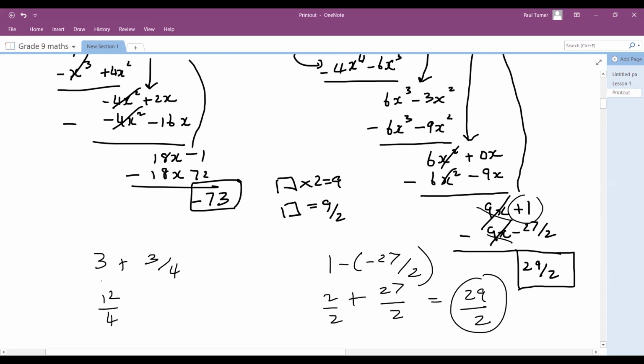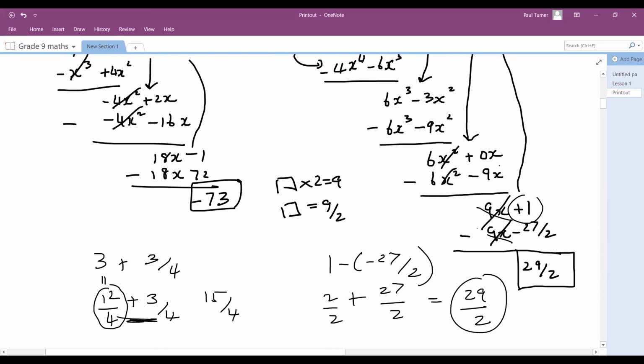Because 12 on 4 is 3. And now I can add it to the 3 on 4 because now I have a common denominator. So that would be 15 on 4. So it's good practice when you're doing this to try and do it, because otherwise you've got to reach for the calculator and all kinds of things anyway. But if you're using a tablet, you might have some calculator function, or you can just grab your calculator, or you can just do it by hand anyway, like this.